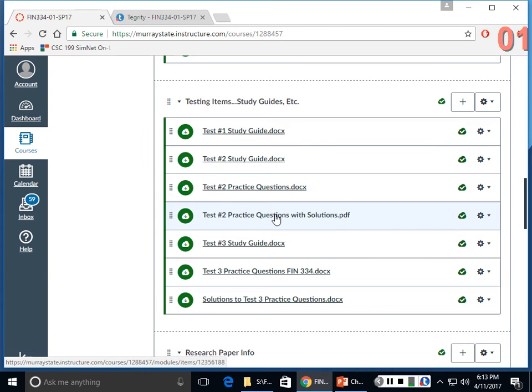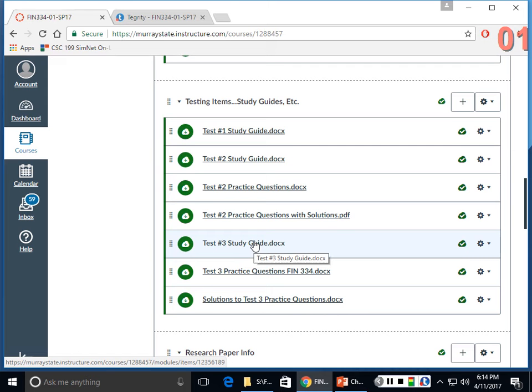I've gone through them by hand and with calculator inputs, and this is really good practice for test number 2. Test number 3 will be the last Tuesday of classes, so about 3 weeks from tonight.